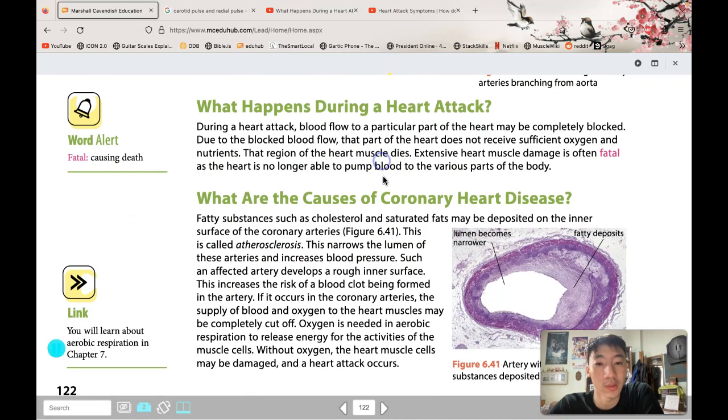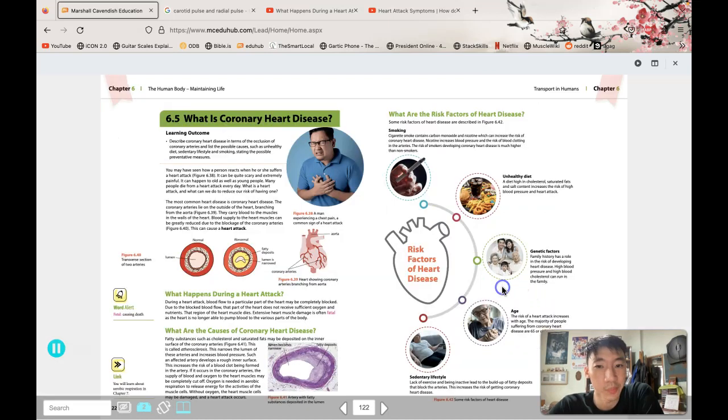And that's where the worst kind of heart attack will happen. Okay, so, right, blood oxygen cut off, and without oxygen for aerobic respiration, no energy, right? Then the heart muscles will be damaged, heart attack will occur. Okay, this is a real picture of an artery with fatty deposits clogging up and blocking the lumen.